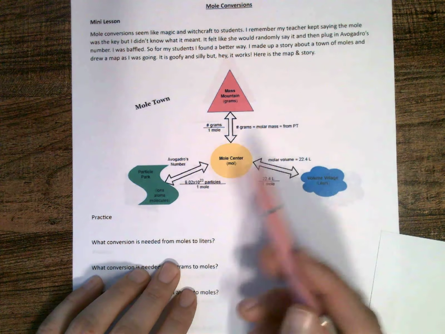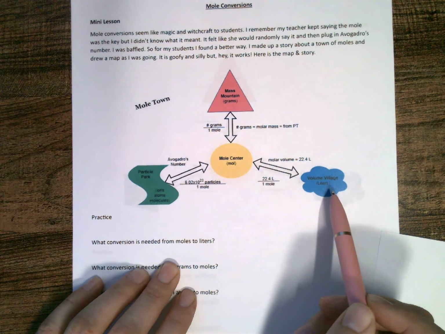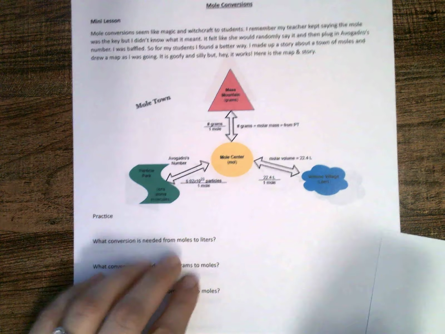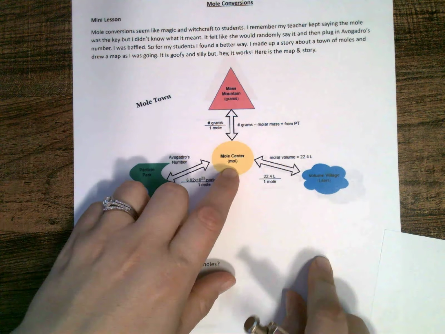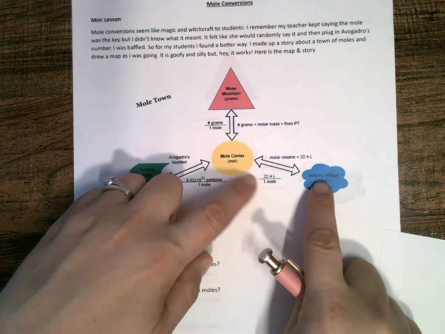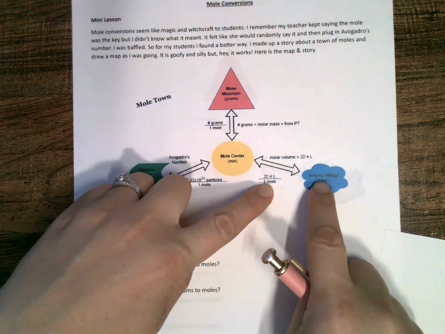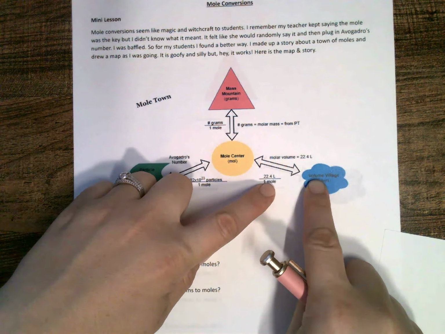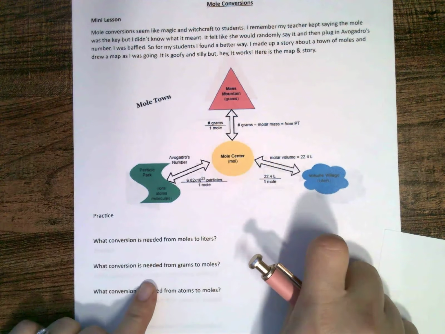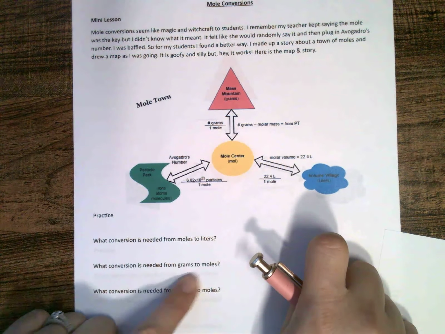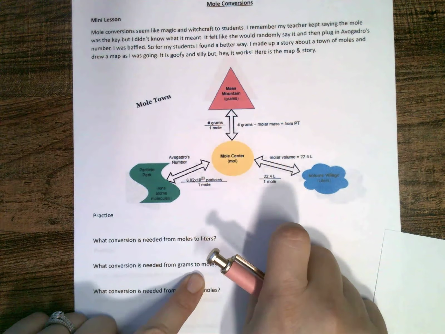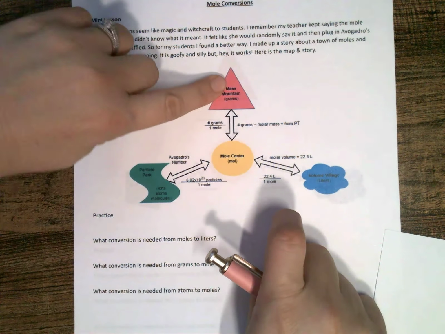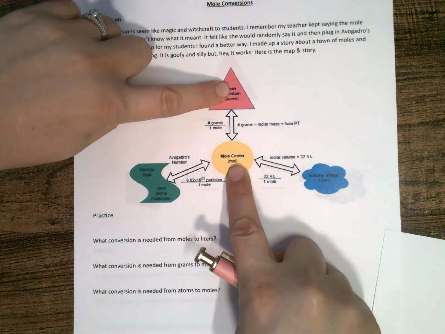I say, okay, if I'm going from moles to liters, what conversion do I need? And I tell them, okay, put one finger on moles, one finger on liters. What's my conversion to get there? 22.4 liters per 1 mole. And we all recite it together. Then I say, okay, what about going from grams to moles? If I'm going from grams up here to moles down here, what is my conversion?